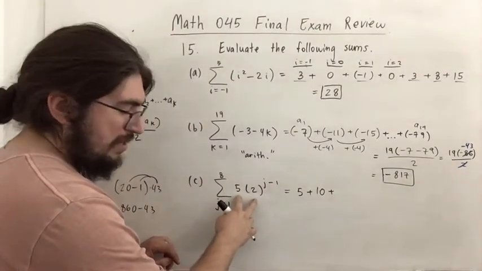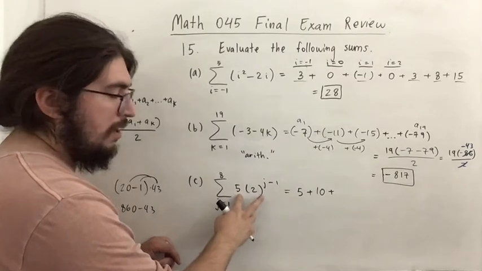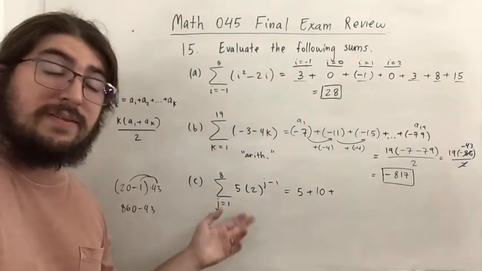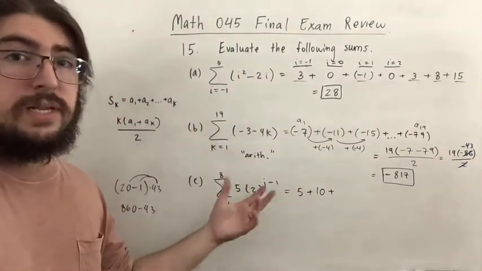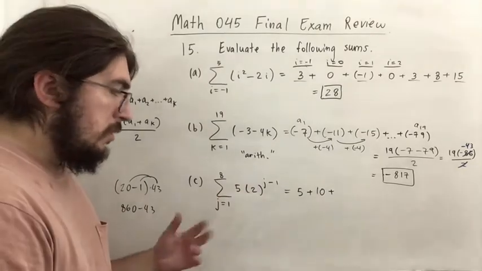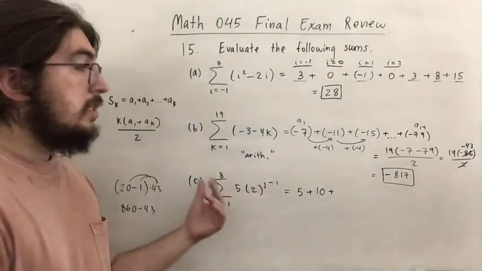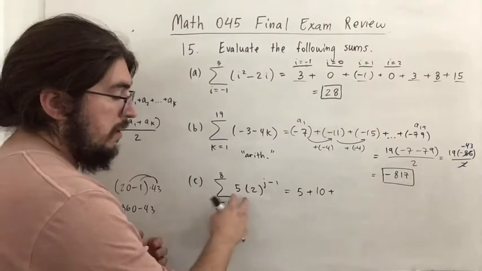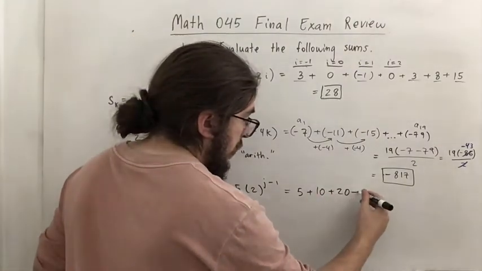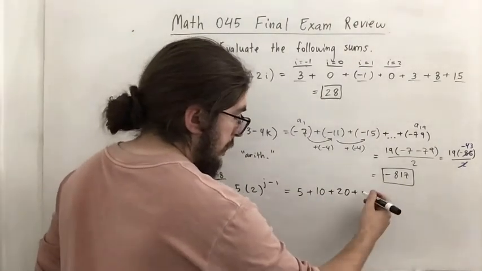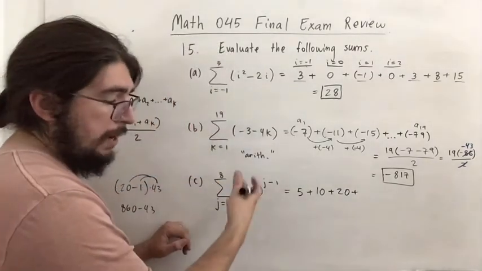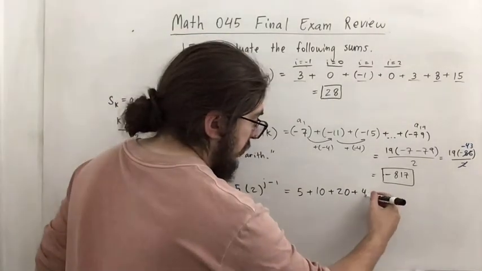It's 5 times 1, 5 times 2, 5 times 4, 5 times 8. Because it's 5 times 2 to the 0, 2 to the 1, 2 to the 2, 2 to the 3, and so on. 2 to the 0 is 1, 2 to the 1 is 2, 2 to the second is 4. So 2 times 4 is 20. 2 times the next power of 2, which is 8, so it's going to be 40.